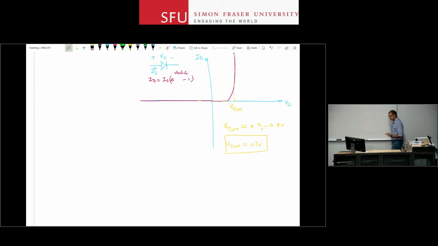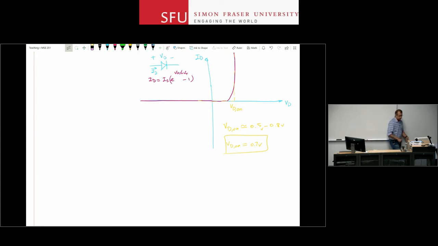For most discrete devices, this is a good, safe assumption for VD on. 0.6, 0.7 is usually where they are. So you assume that much value for VD on, and you treat the PN junction as an ideal diode whose characteristic curve is shifted to the right by VD on.